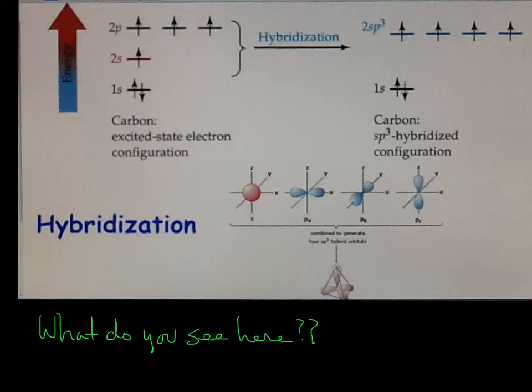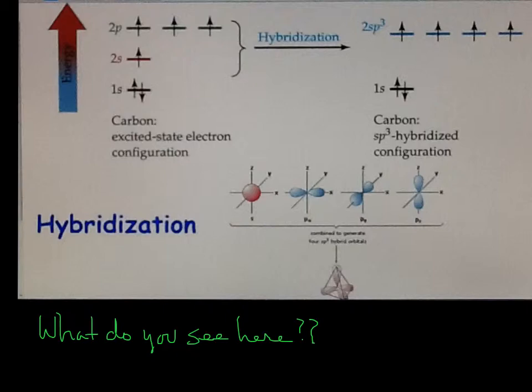Think of the word hybrid. Hybrid means it's a cross between two different things. The p orbitals and the s orbitals merge to form what we call hybrid orbitals. In terms of energy, it's higher than the 2s but slightly lower than the 2p. And so you get these 4 bonding orbitals that all have the same amount of energy.